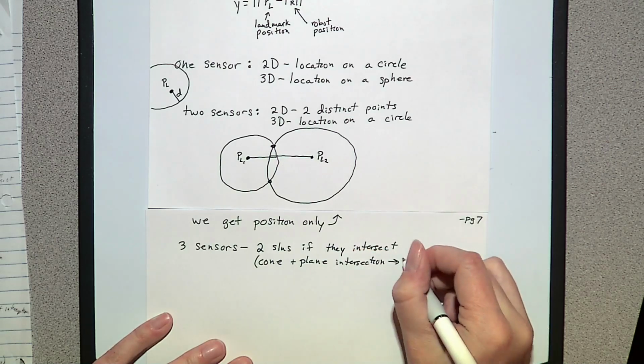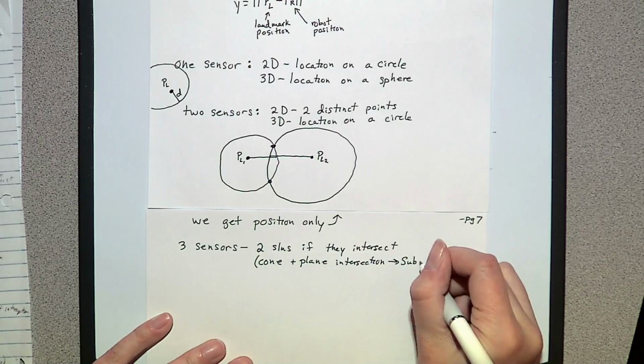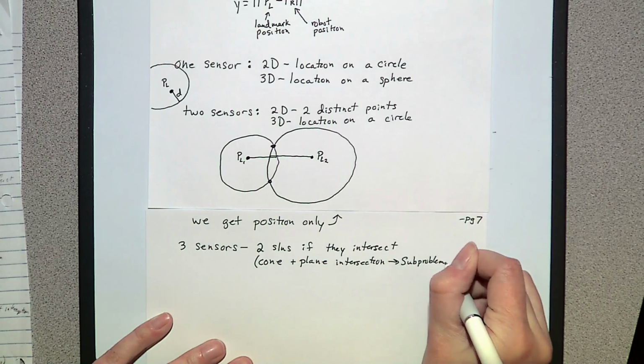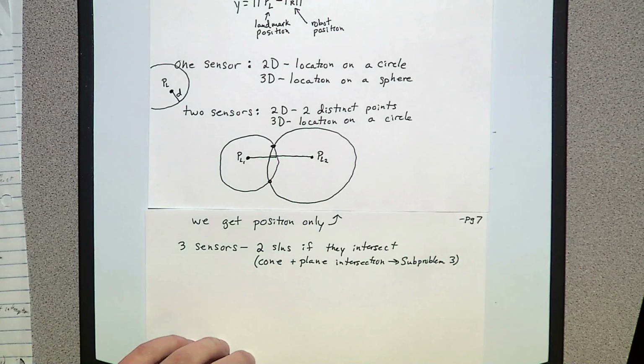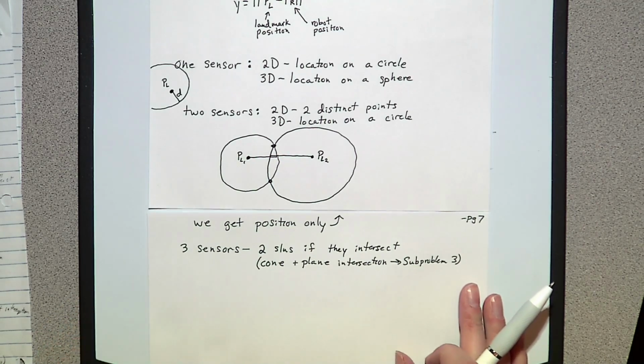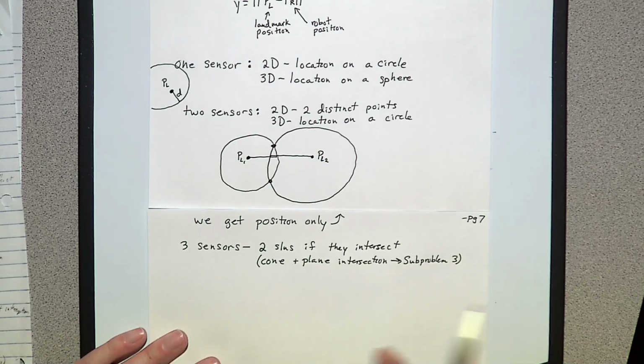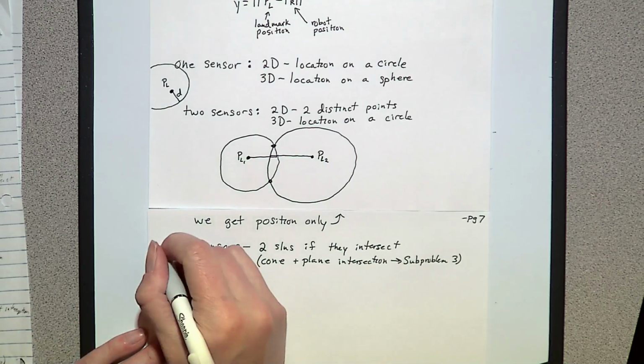For those of you that took Robotics 1, you would use subproblem 3 for that. If you remember from inverse kinematics, we had these different geometric subproblems. It turns out that you can use these subproblems also for getting your position estimates based on these range sensor measurements. This is the 3D case.